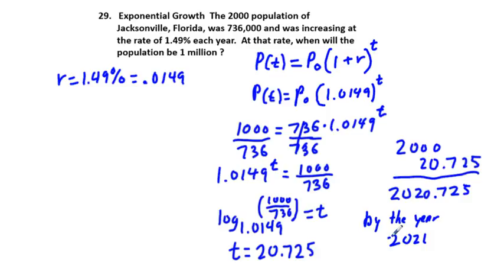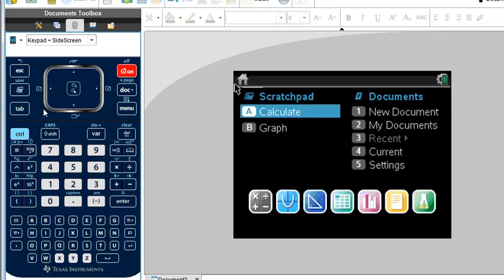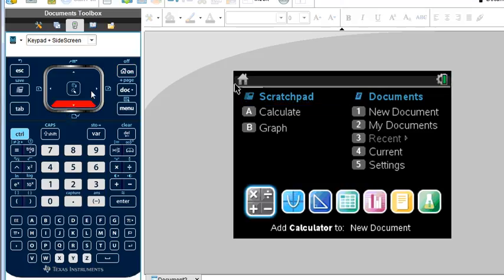And one way we could check this is we could graph this function right here. See this P sub t equals P sub 0, or this 1,000 equals, we could enter 736 times 1.0149 to the power of x. So let's go do that. This time we're going to get a graph.